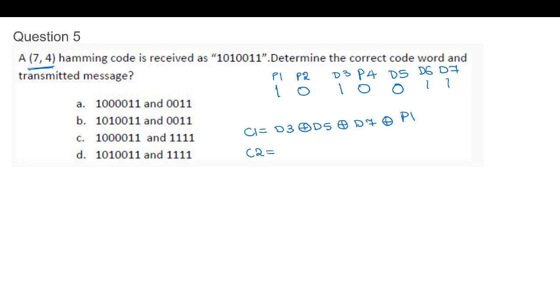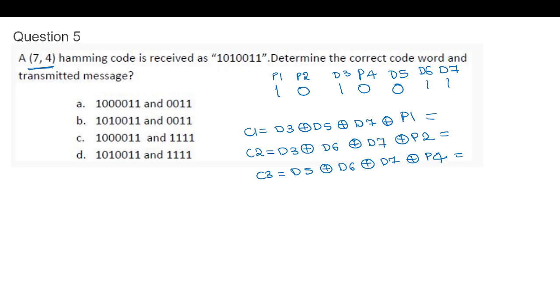And C2 is D3 XOR D6 XOR D7 XOR P2. And C3 is D5 XOR D6 XOR D7 XOR P4. So with this, can you tell the answer? Can you try? What will be the value of C1, C2, C3?